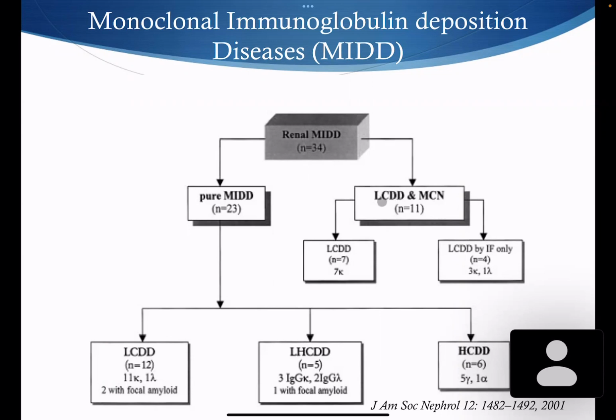If it is light chain deposition disease and MCN altogether, it can be light chain deposition disease only, or it can be detected by immunofluorescence only in a lower number. This was again 3/4 of them kappa, and only 1 was lambda, while the other 7 were all kappa.